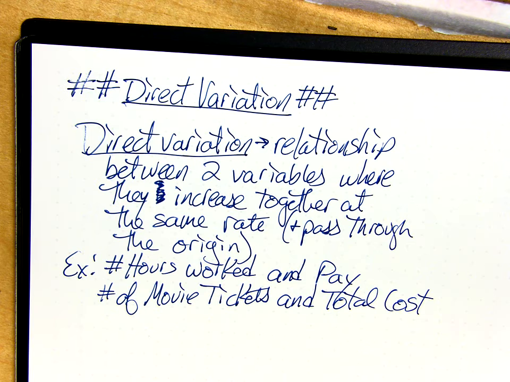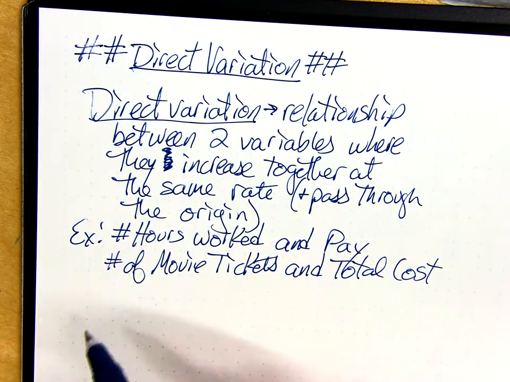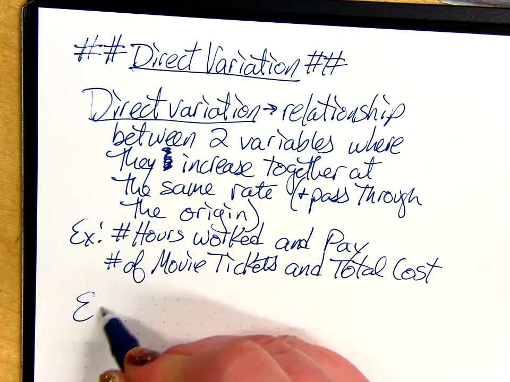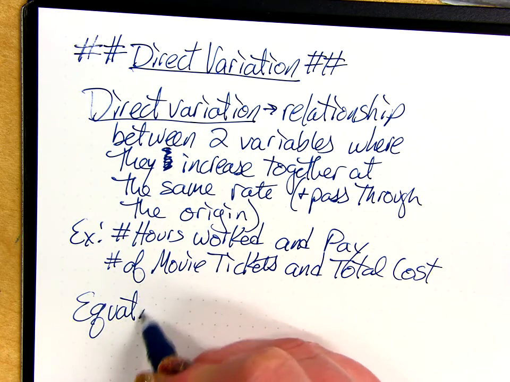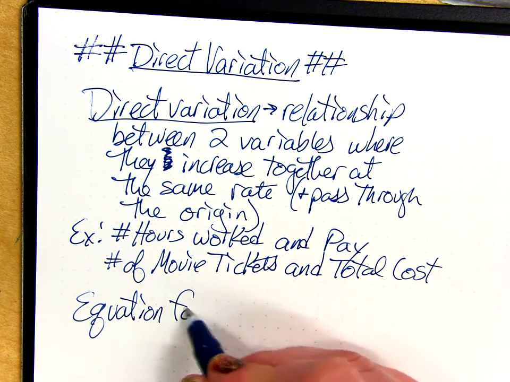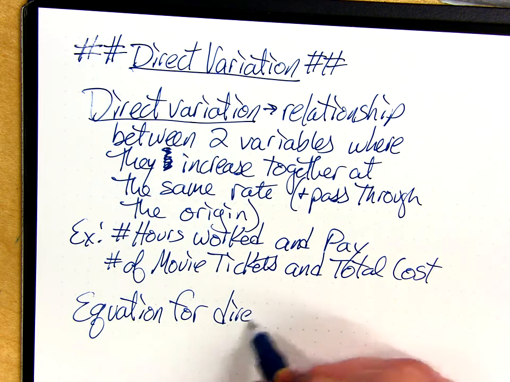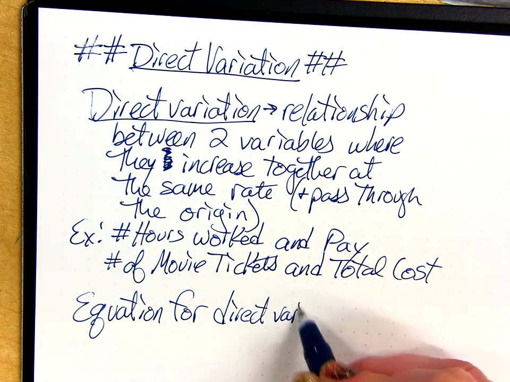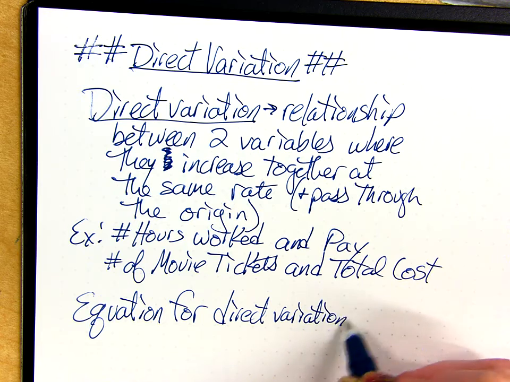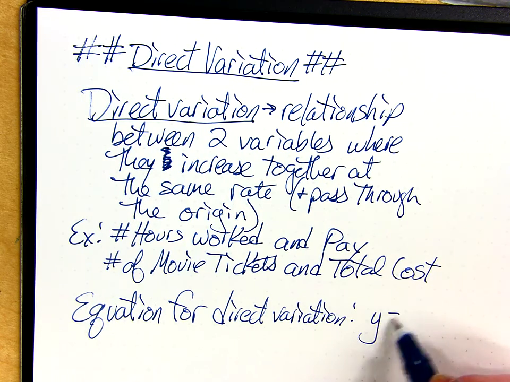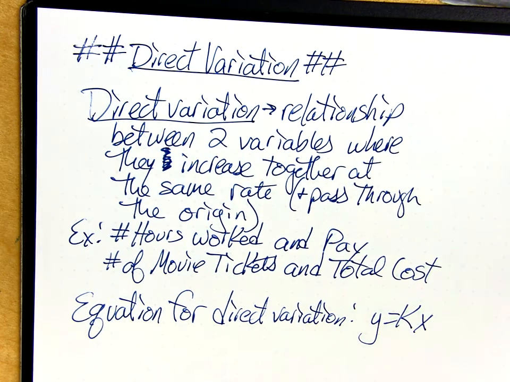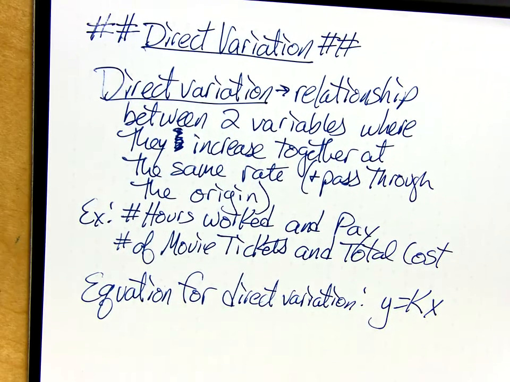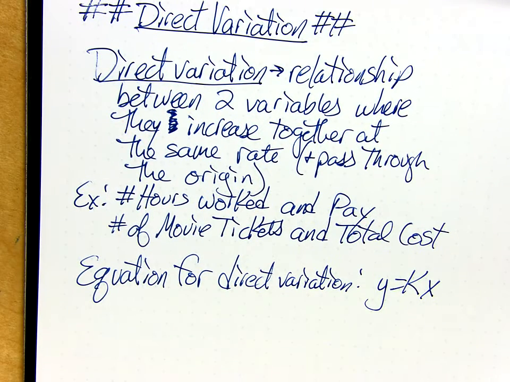Now, there's an equation for direct variation. It's pretty easy. You are going to want to remember it, but it is very nice. So here is the equation for direct variation. It's simply y equals kx. That's it, y equals kx.